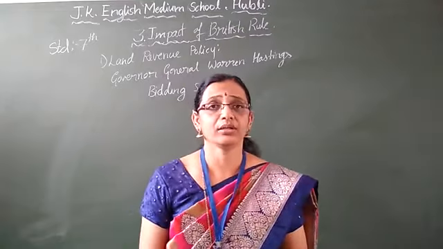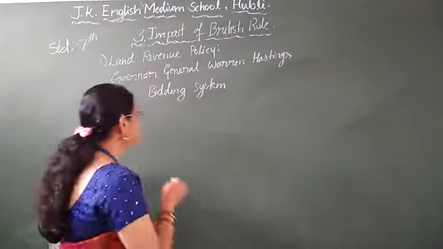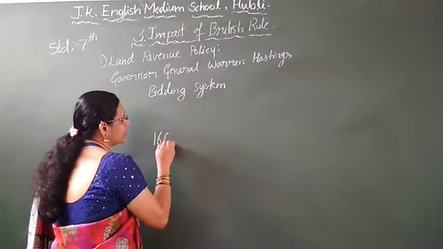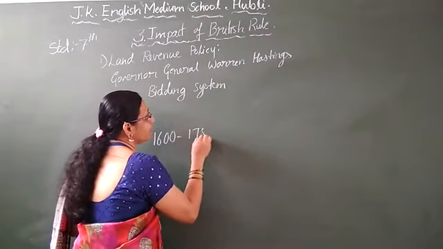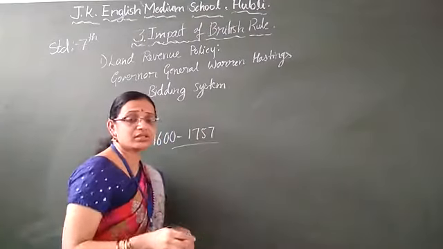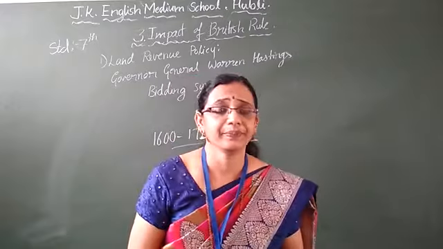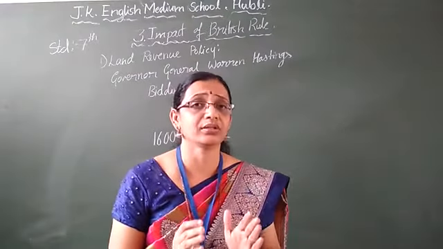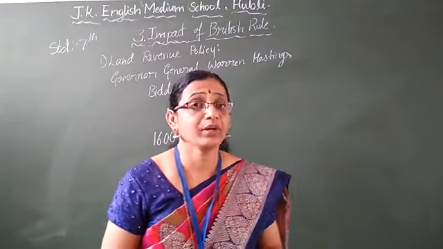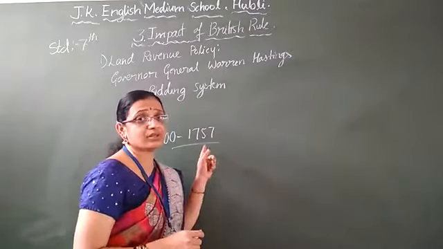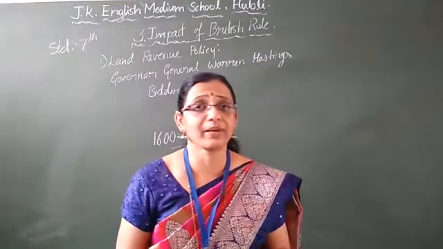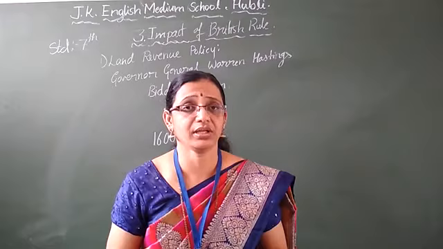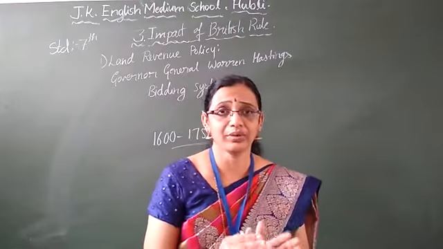We already know that from 1600 up to 1757, the British East India Company was only a trading company. Their main aim was to trade in India. But in the year 1757, they fought the Battle of Plassey and won. That was the landmark for them.